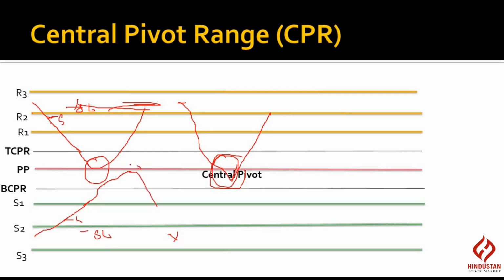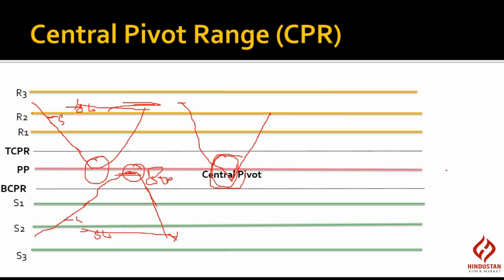So whenever price comes near the CPR, you should book your profit, right? Otherwise, what will happen? It will reverse and your stop loss will hit. So whenever you see a wide CPR on your chart, better you book your profit when it comes near the CPR, and don't take any trade here, right?